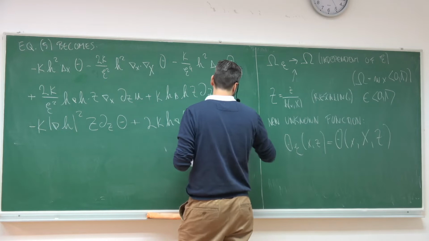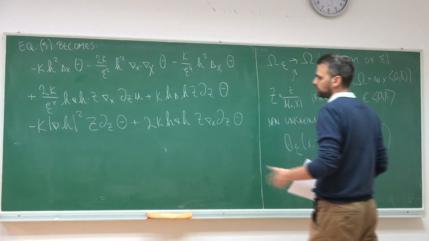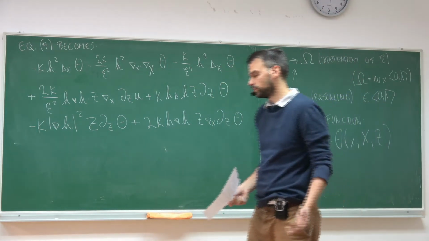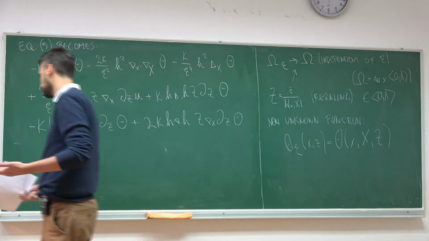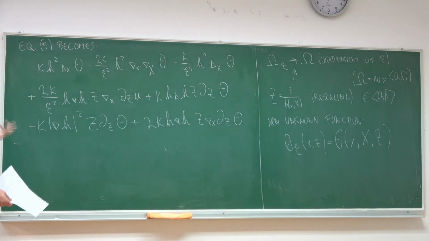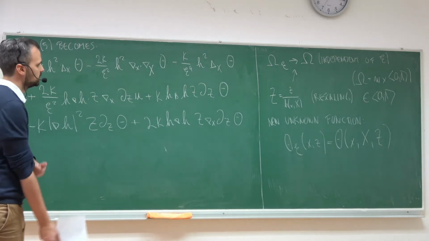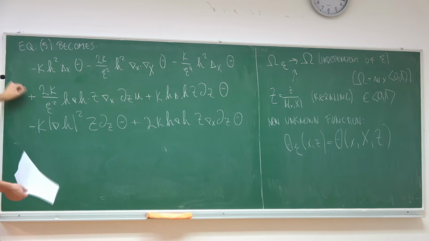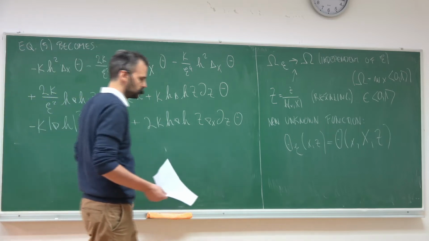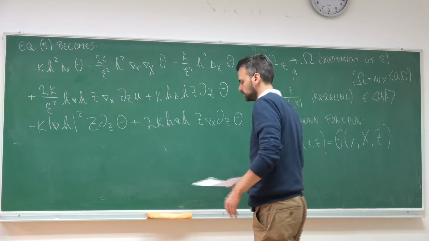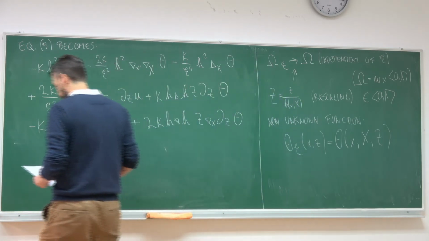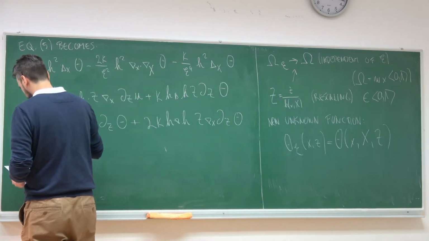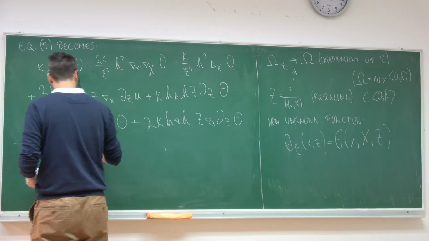So what usually happens in these equations, you get a lot of terms, but usually the zero order approximation takes place at a very simple equation when you plug in the asymptotic approximation, and then all the other terms that appear later in the first, second order corrector, etc., are basically already known. So it's not that you are working with them at the same order, so it's not so problematic. So minus kappa h squared z squared.